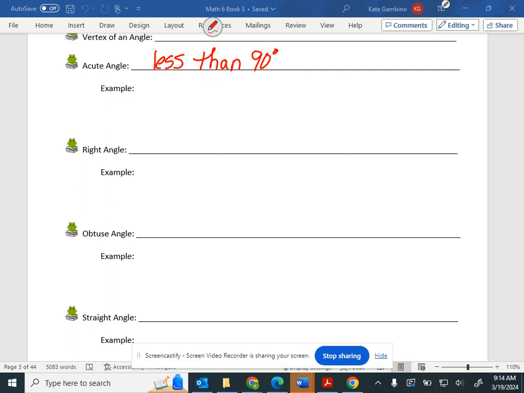A right angle equals 90 degrees. And it can be shown with the square. So we know if there's a square in that angle, it is 90 degrees. Right?